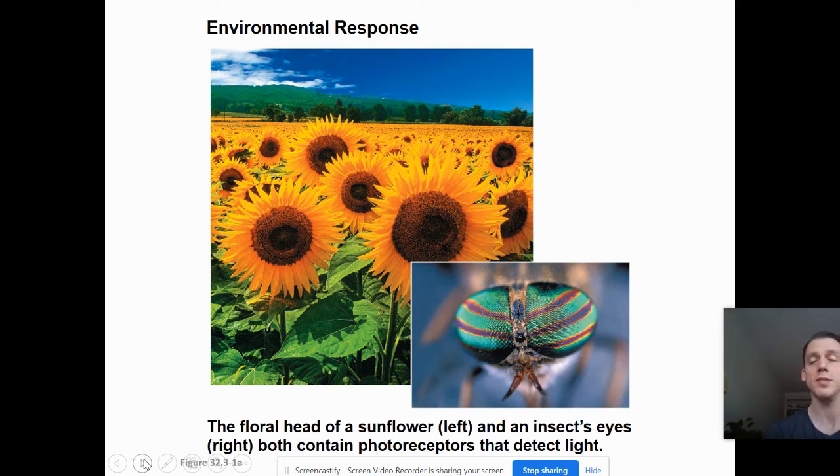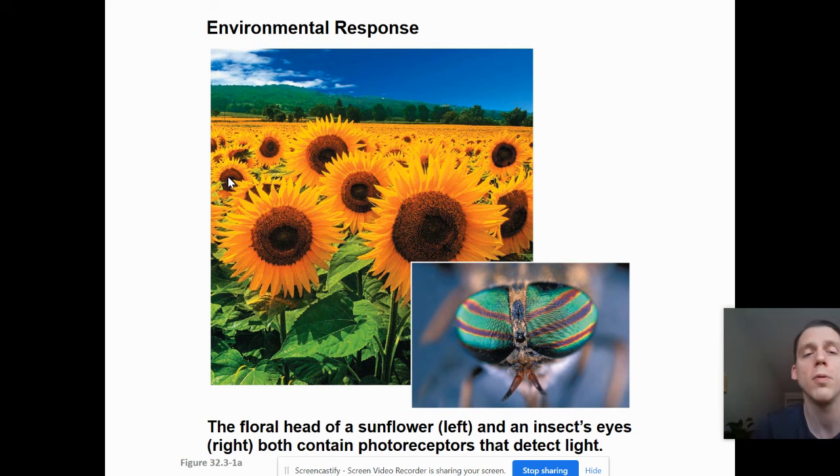Both plants and animals need to respond to the environment, specifically, say, sunlight, right? So the floral head of a sunflower has things called photoreceptors. Photoreceptors are proteins that can determine which way the light is coming from and if light is there at all.